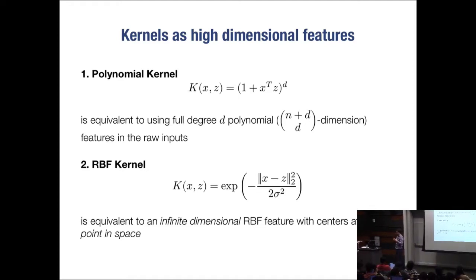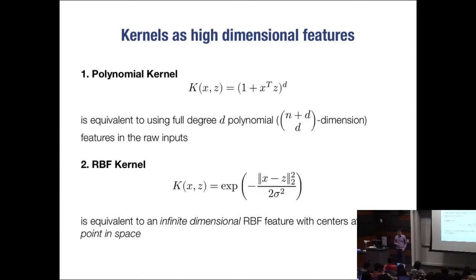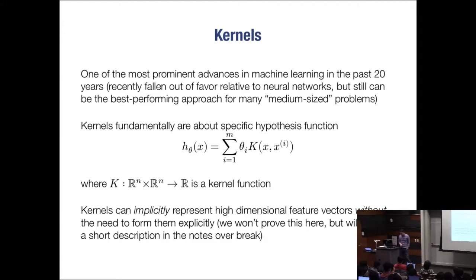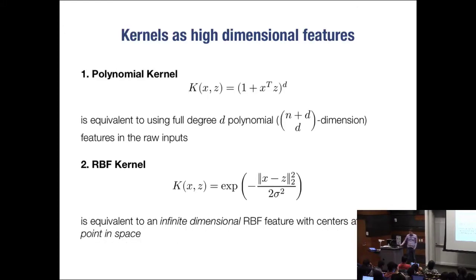I'm telling you without any proof whatsoever that if you use this hypothesis function with this kernel, that is exactly the same in terms of the representational capacity of the classifier as if you used the full n plus d choose d dimensional polynomial features over your raw inputs. So the classifiers themselves are identical in both cases.